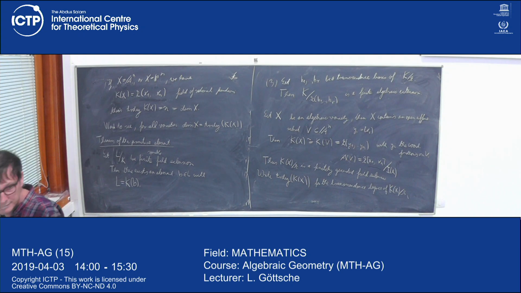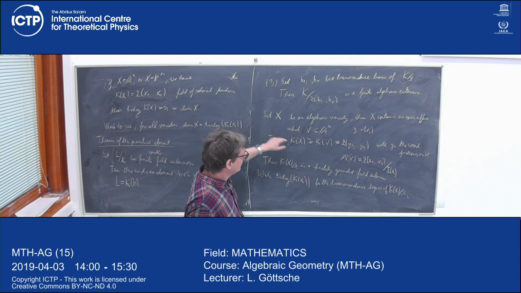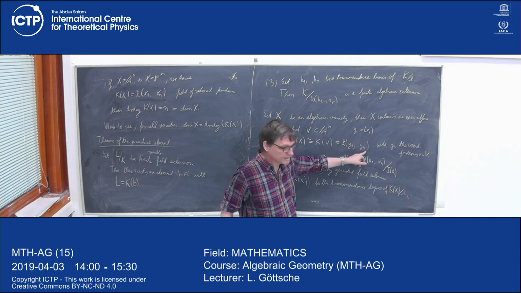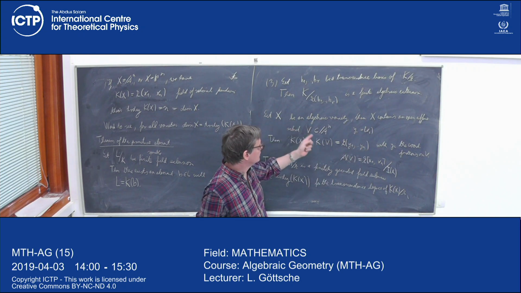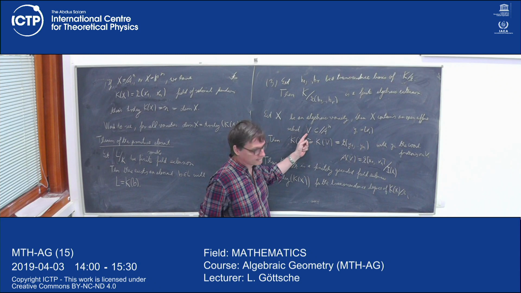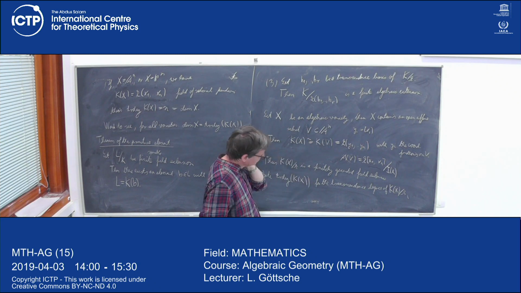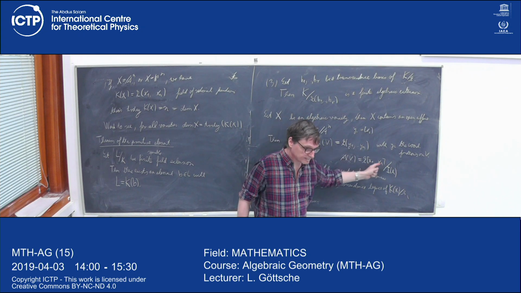Just have a question. Why is it finitely generated? Well, that's what I try to prove here. It's generated by these elements, where these are the coordinate functions. If X contains an open affine subset which is isomorphic to a closed subvariety of A^n, then the coordinate ring is generated by the classes of the coordinates, yes.